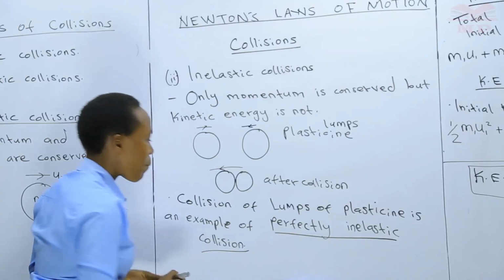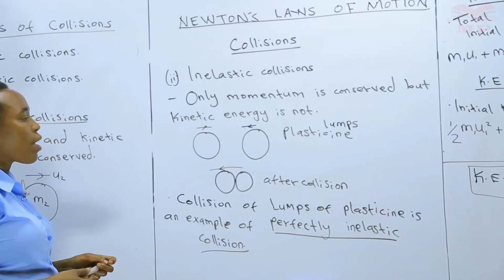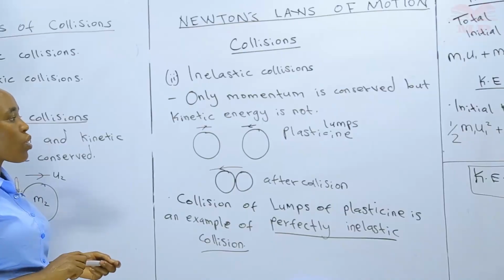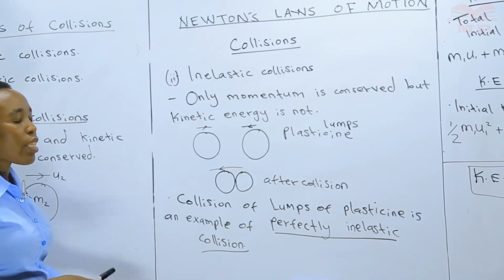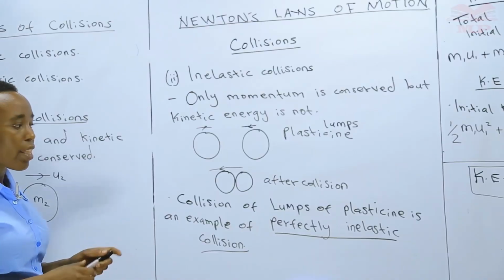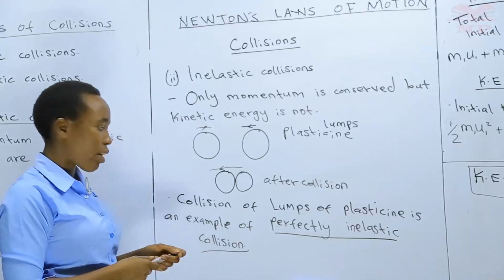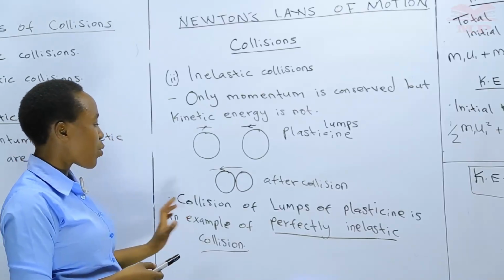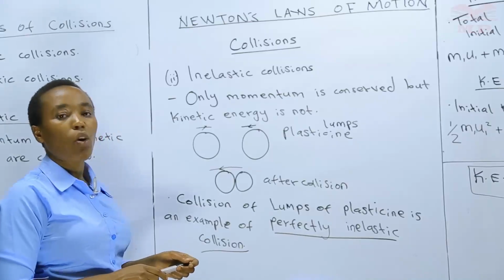So we are saying a perfectly inelastic collision is a collision whereby only momentum is conserved but kinetic energy is not, and the two bodies move together after collision and they move in one direction.